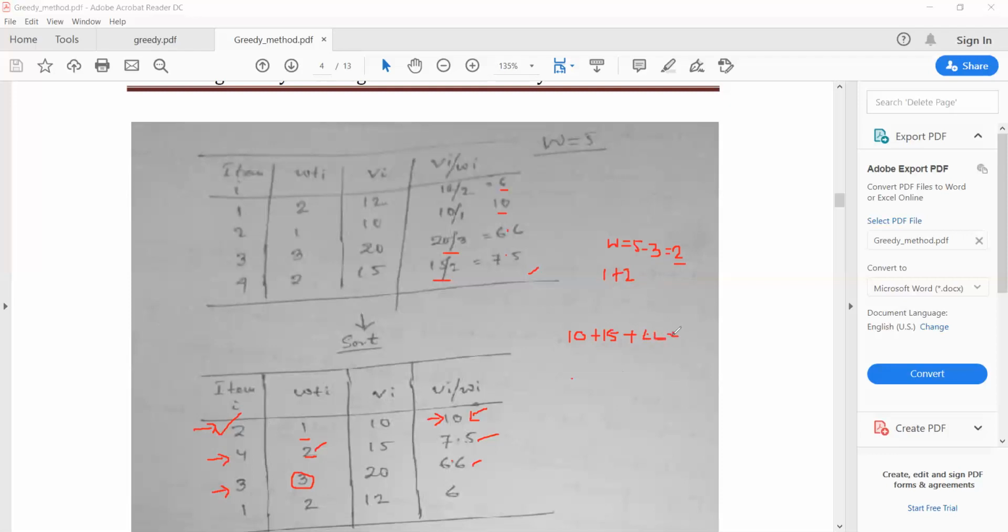So as a result, it becomes 13.2. So as a result, you have a solution of 25 plus 13.2, which is 38.2.